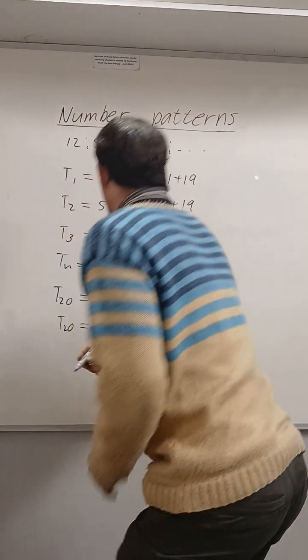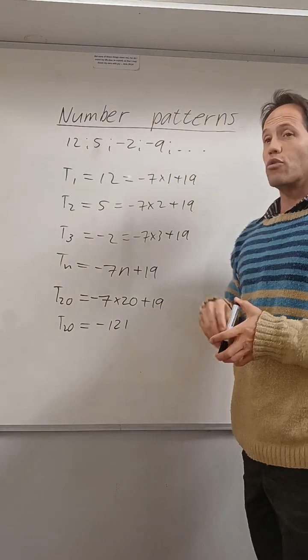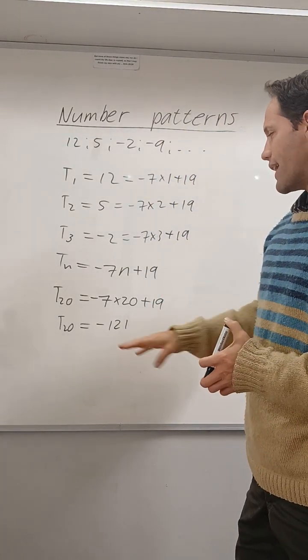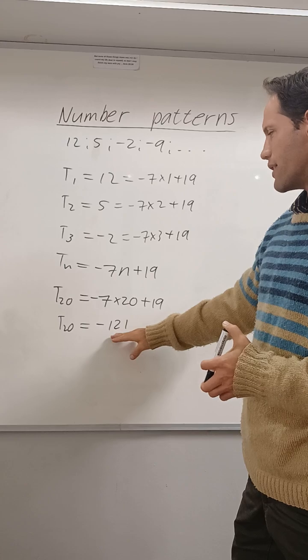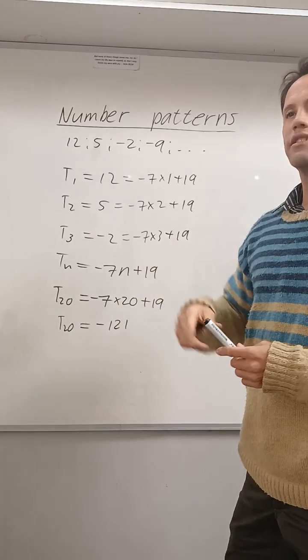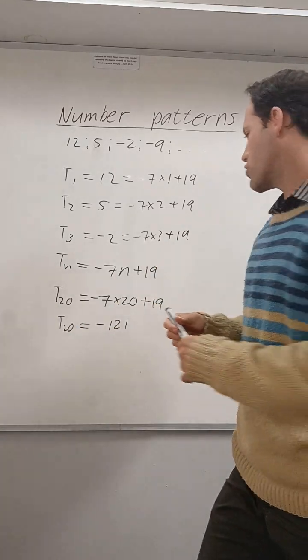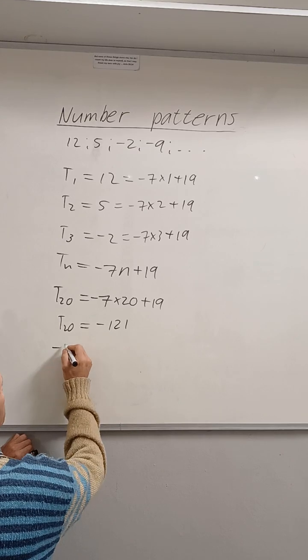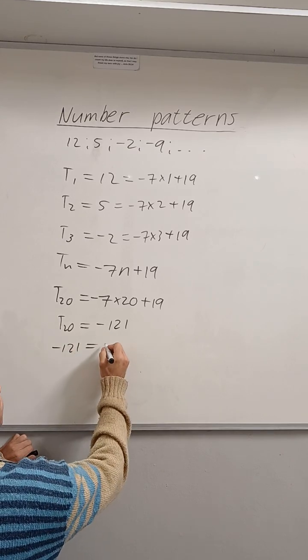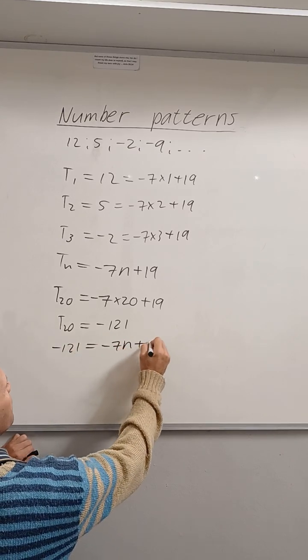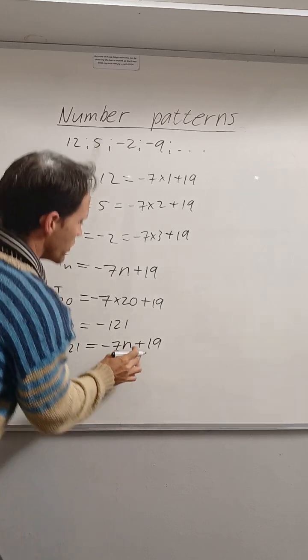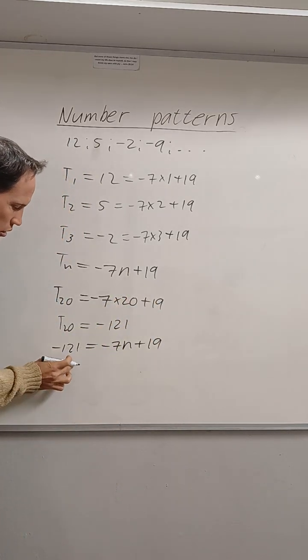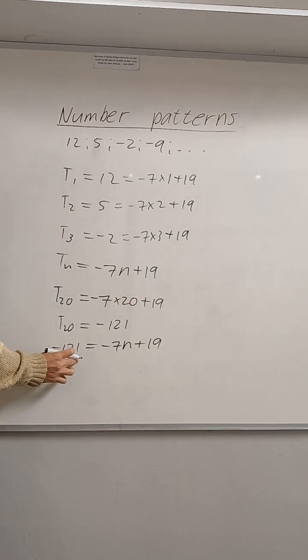Okay. So now, if the question says which term, that is how you find negative 121, the 20th term. If the question said which term is equal to negative 121, then you put the negative 7n plus 19 equal to the answer that you want to get.